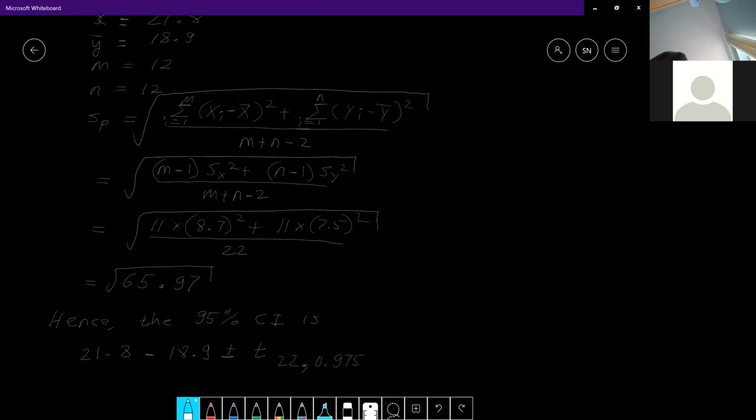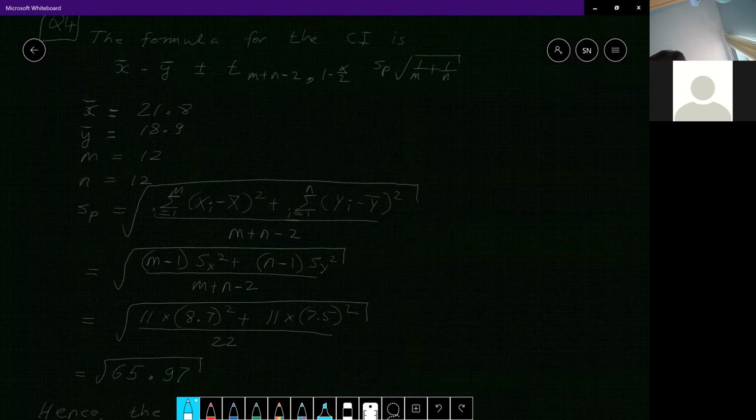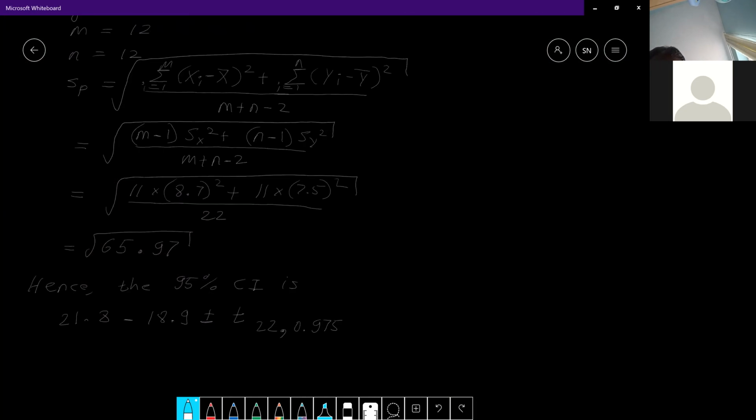And then you have SP, which is the square root of 65.97. And then 1 over M is 12, and 1 over N is also 12.